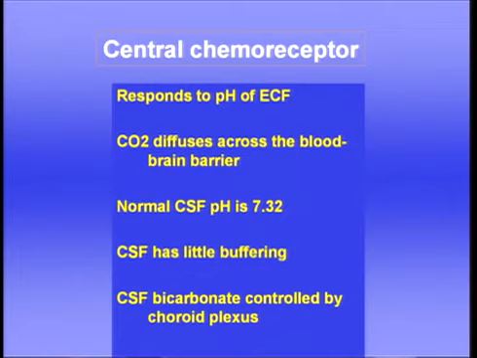The normal pH of the cerebral spinal fluid is about 7.32. It has little buffering power because of its low protein concentration, and the bicarbonate is controlled by the choroid plexus and can be altered if the pH of the CSF is changed over a long period of time. So that's the central chemoreceptor, a very, very important factor in the respiratory control system.